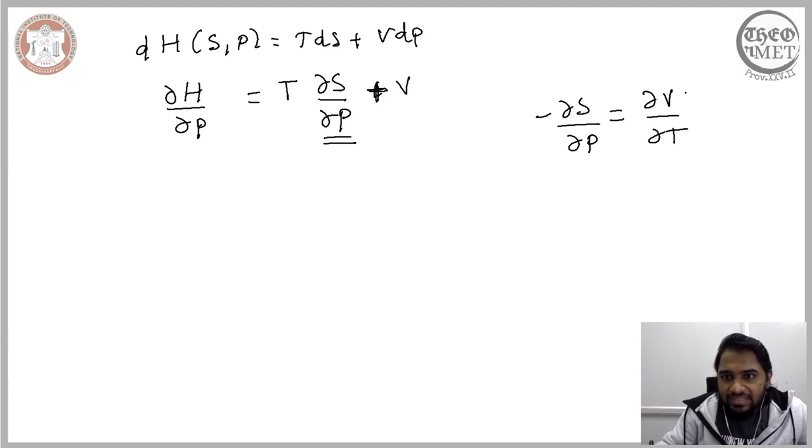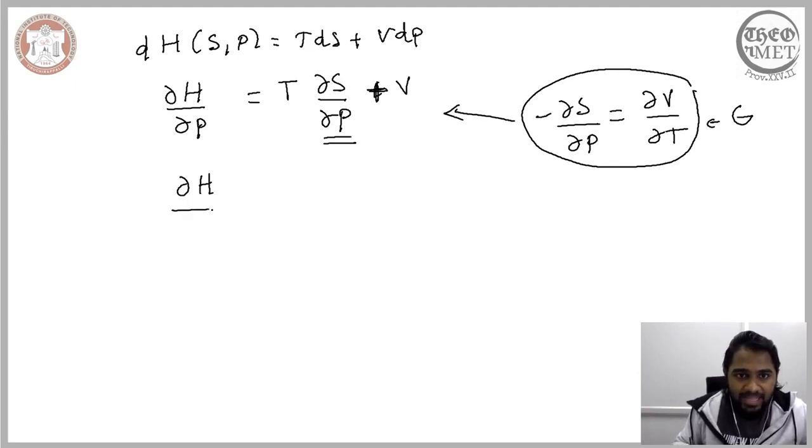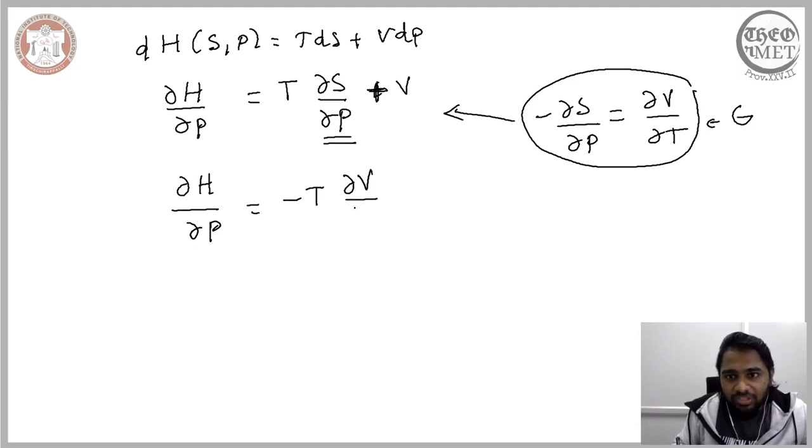This Maxwell's relation we arrived at from the Gibbs free energy, and when we substitute it here, we can express the change in the enthalpy with respect to change in pressure as the negative of the product of temperature and the change in volume with respect to change in temperature, plus volume.